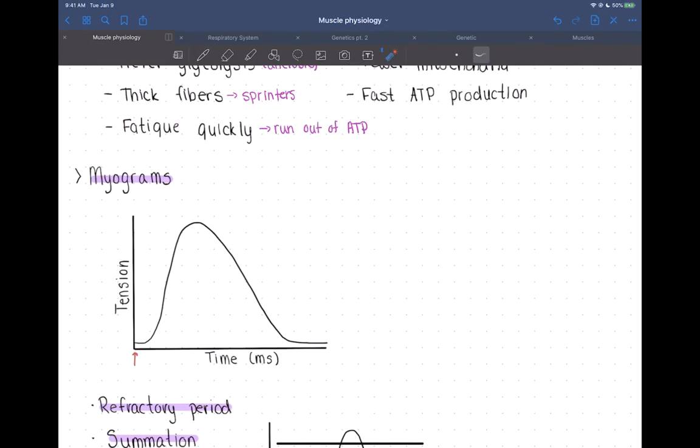What we're looking at here is one muscle twitch, the response of a muscle to a single action potential from its motor neuron. On this graph, we have time on the x-axis and tension on the muscle on the y-axis. This little red arrow indicates where that action potential was sent.